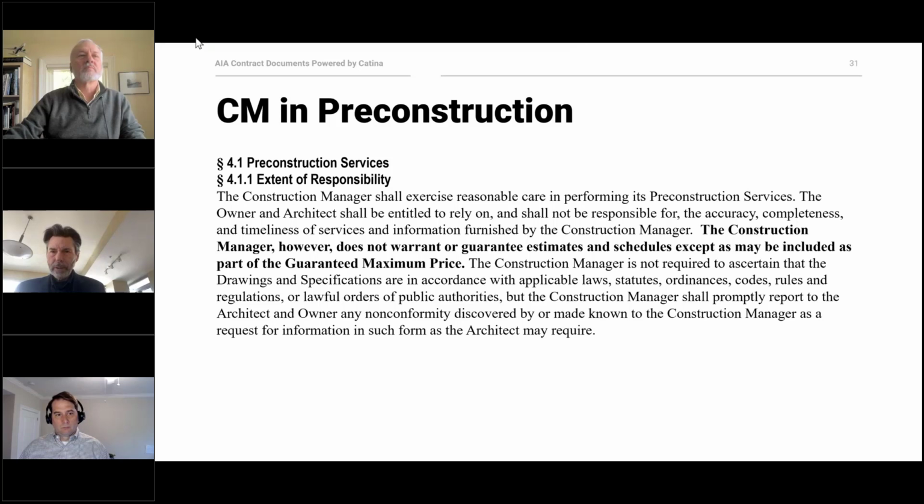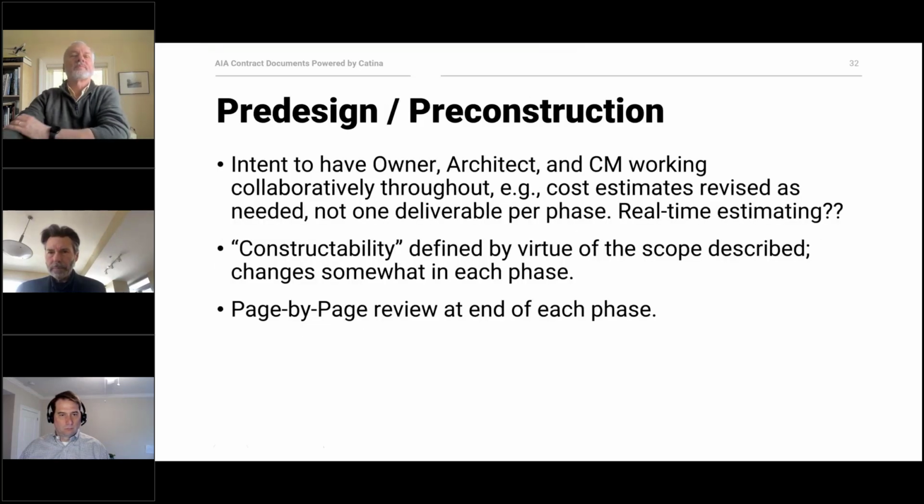So, Tom, I think we can go on to the next one. What's the intent with regard to pre-construction? As I mentioned, it's to have the three principal parties, the owner, the architect, and the CM, working collaboratively throughout. Like in any construction project, there are three variables that an owner, and frankly almost all parties to the process, are interested in.